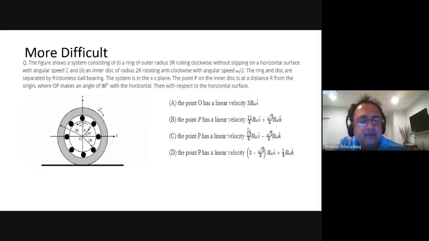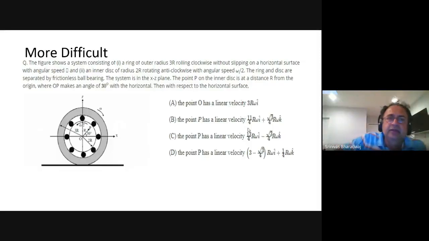Now what he is doing is he's asking you to keep that thought in mind as we look at this. Okay, this shows a system consisting of a ring of outer radius rolling clockwise. The important word here is rolling without slipping. Now, what is slipping while rolling, right? See, normally when you roll, you might roll like this.